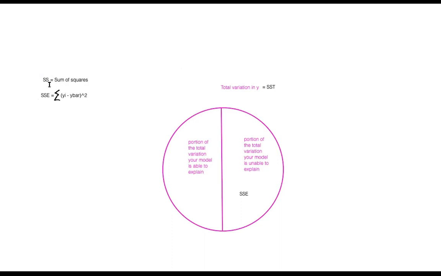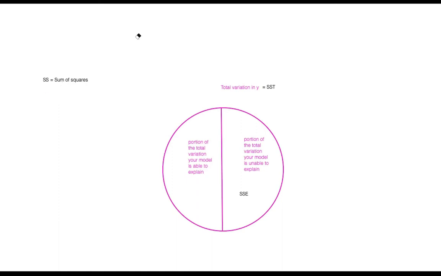Sum of squares, sum of squares. That's what this SS stands for. Oh, sorry, I just realized that I wrote SSE when in reality I should have written SST here. Sorry, just scratch that last minute of what I said.